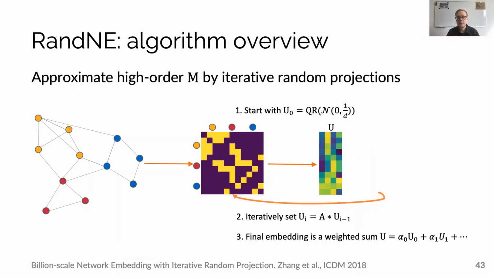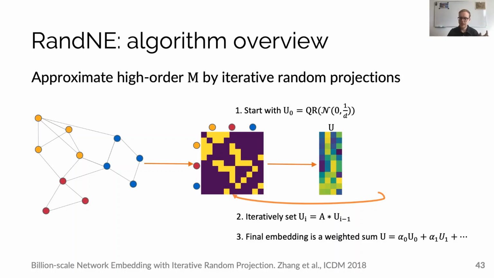The first method is RandNE, introduced in 2018. It does approximate a higher order similarity matrix by doing iterative random projections, but other methods do not approximate a higher order matrix. We start by making a large matrix with random values, and then we orthogonalize the columns of this matrix.